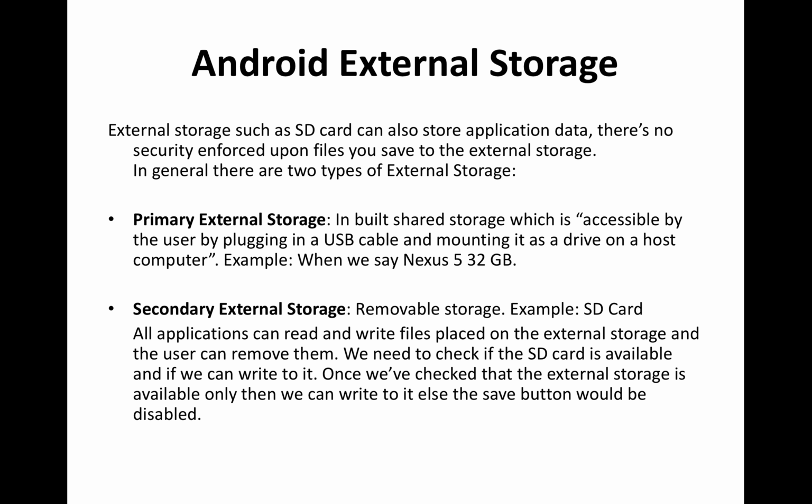All applications can read and write files placed on the external storage, and the user can remove them. We need to check whether the SD card is available and whether we can write to it. Once we have checked that the external storage is available, only then can we write to it, else the save button would be disabled.